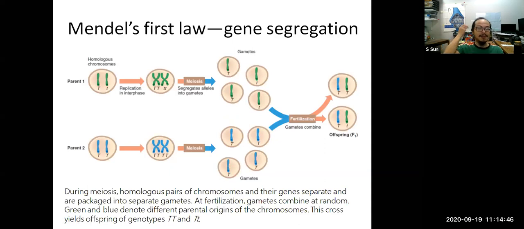The alleles present in the gametes have an equal chance to carry one of the alleles, and their fertilization is going to be randomly picked.